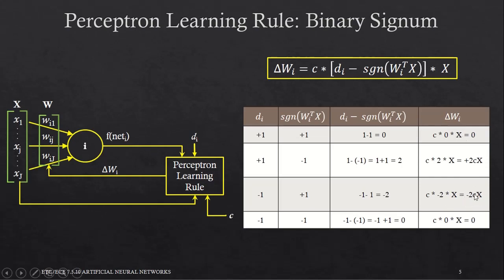We subtract a fraction of the pattern from the weight vector. Why I am saying it as a fraction is because C value is usually 0.1, 0.2 and so on, in between 0 and 1. That's why this 2cx becomes a fraction. So here we subtract a fraction of the pattern from the weight vector.